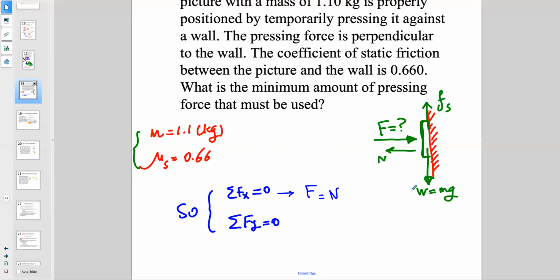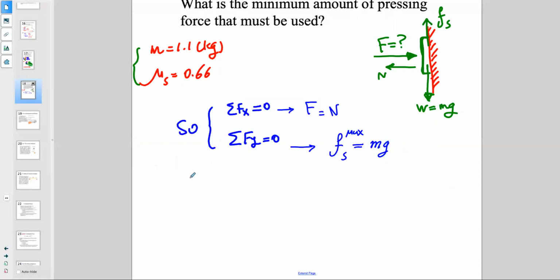If it's not moving along the Y direction, then the static friction max, F of S, should be mg. And we know what F max is. We already know the formula for it is mu s times n.